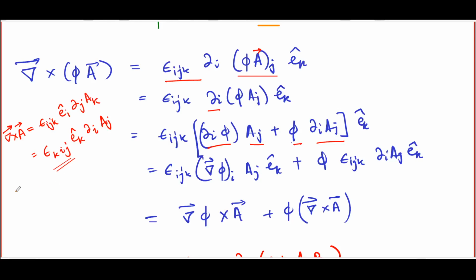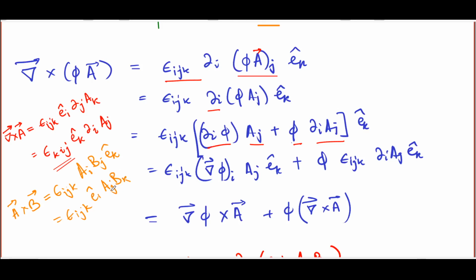And that essentially is an expression for the cross product of two vectors. Remember, A cross B was epsilon ijk ai bj ek. By the way, I don't remember, but I may have introduced A cross B in the form epsilon ijk ei aj bk.